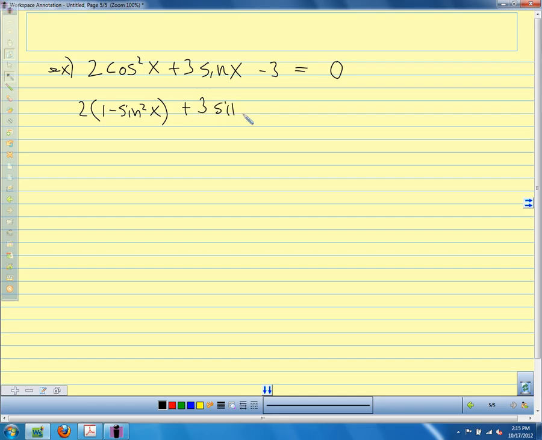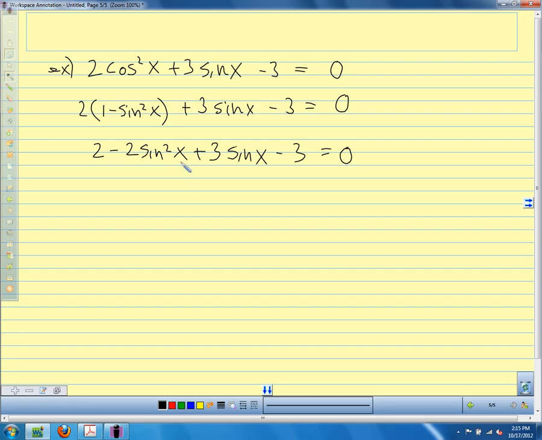Plus 3 sine x minus 3 equals 0. So now if I simplify, I'm going to have everything in terms of sine x. So I get 2 minus 2 sine squared x plus 3 sine x minus 3 equals 0.